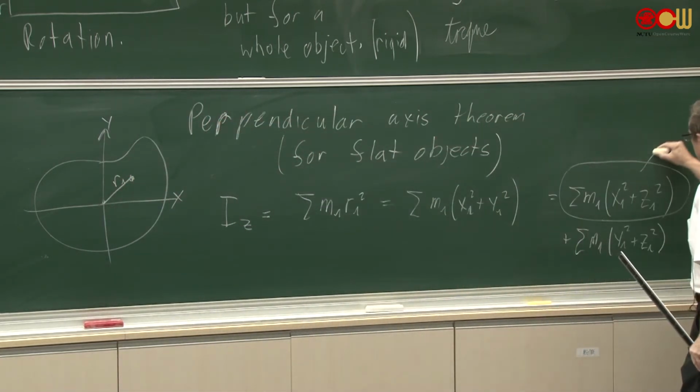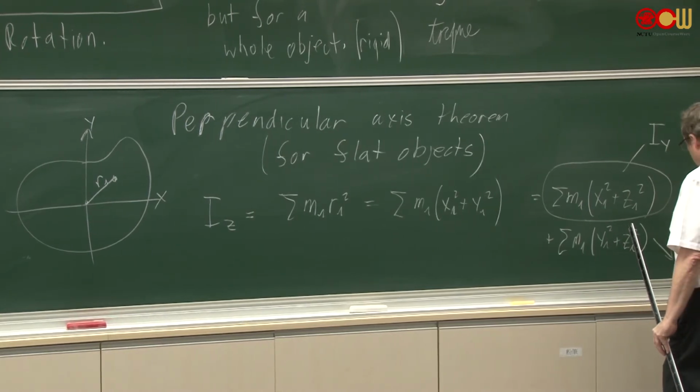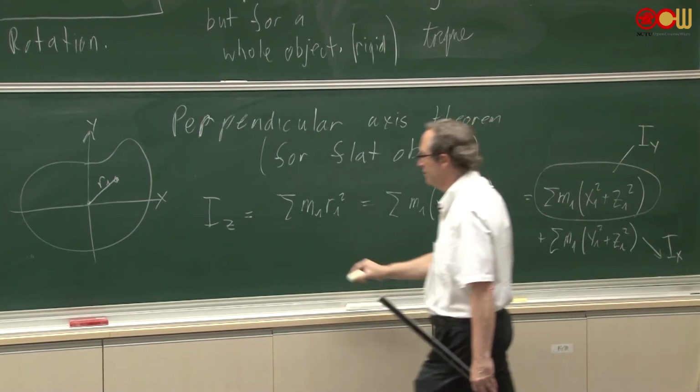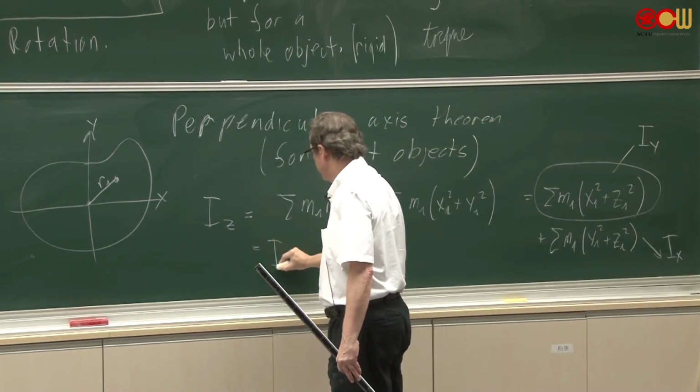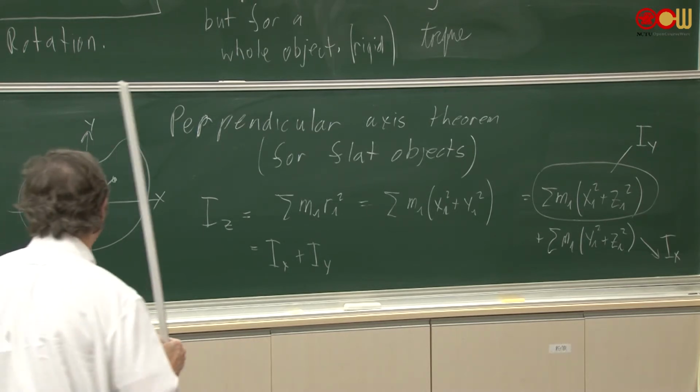So this is I_y, and this is I_x. And that's the perpendicular axis theorem. In a lot of cases, I_x and I_y are the same. Like if it's a disk, they would be the same. Or if it is a square, it would be the same. And so you can use that perpendicular axis theorem to get it.